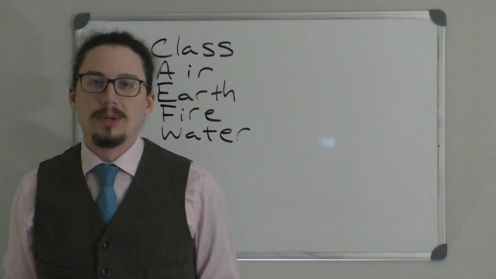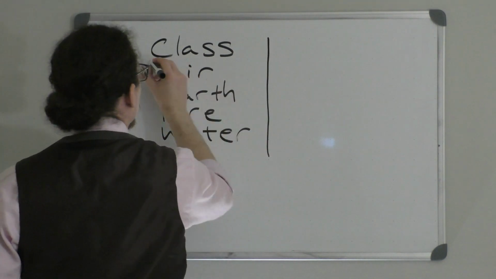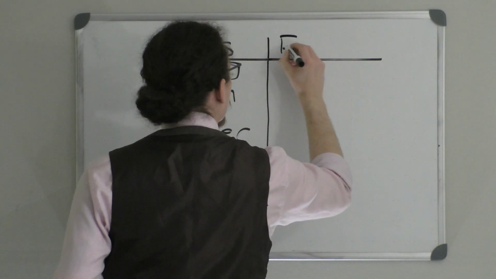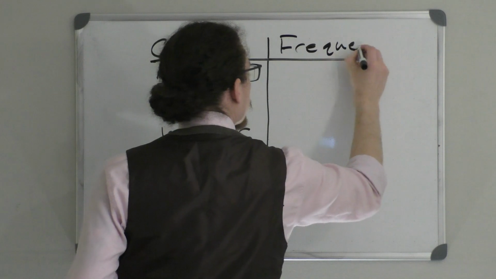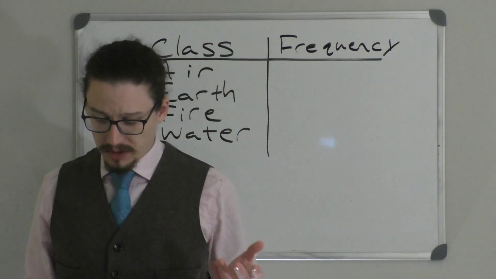Those are the possible outcomes in that data set. And then we would list their frequencies.